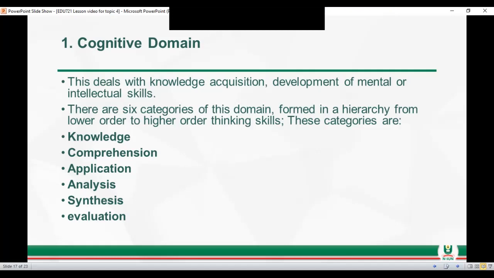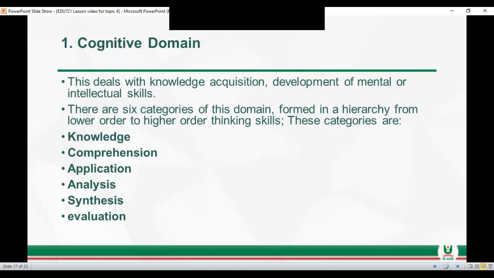The student should be able to manipulate. For instance, at the end of the lesson, a student should be able to apply the knowledge gained in the study of Bloom's taxonomy into the classroom situation. This is a typical example of how we can design our learning objective to reflect the application category of this domain. What about the analysis category?